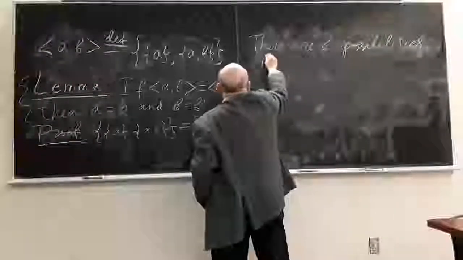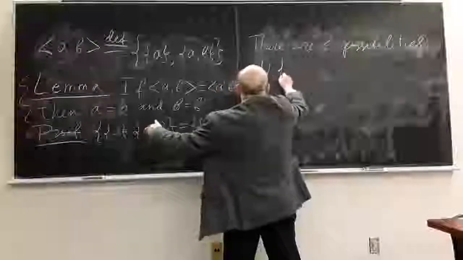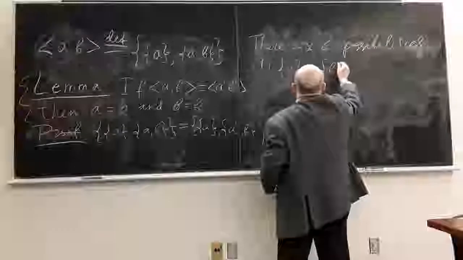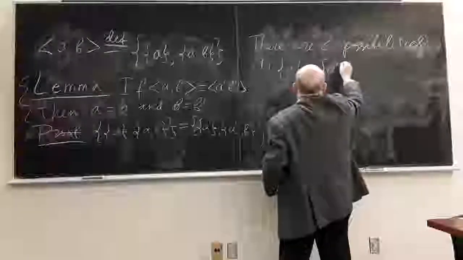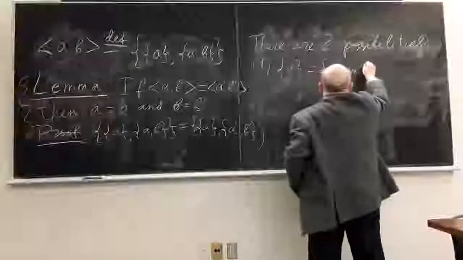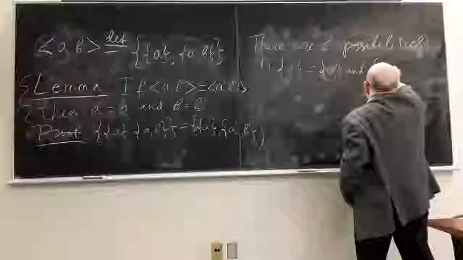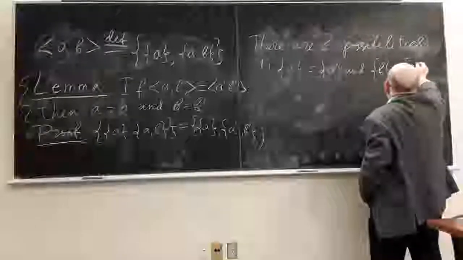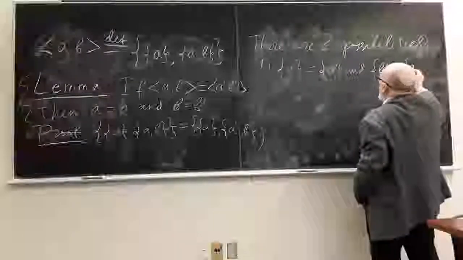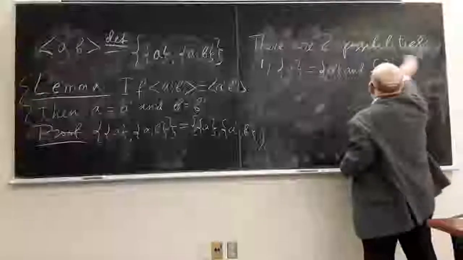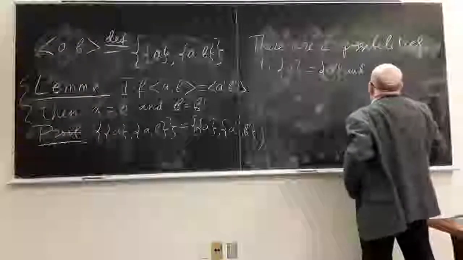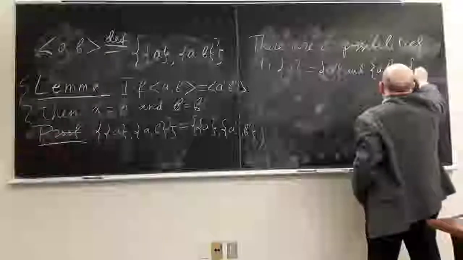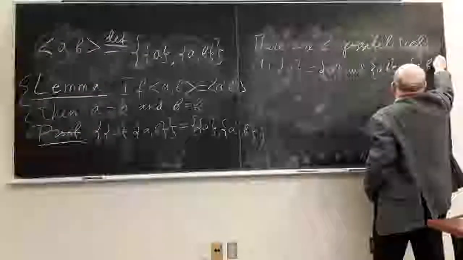First possibility: the set {A} equals the set containing only A prime, and {A, B} equals {A prime, B prime}.